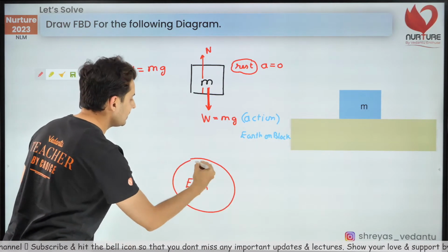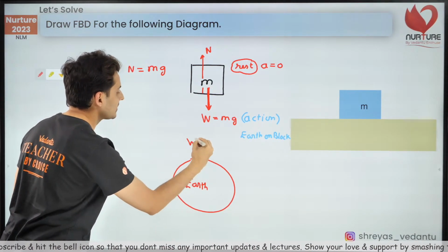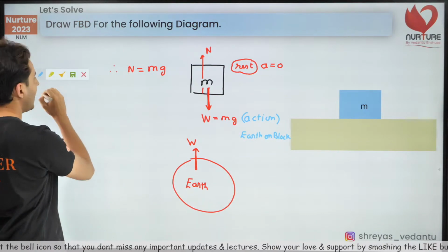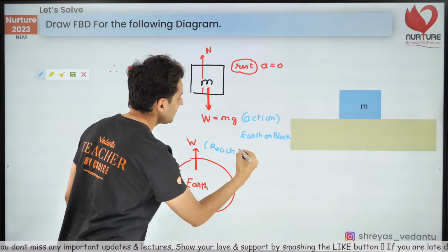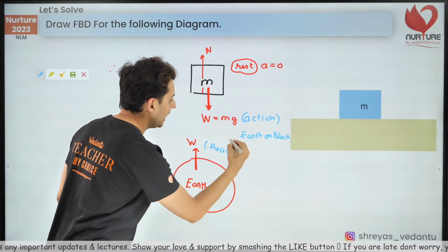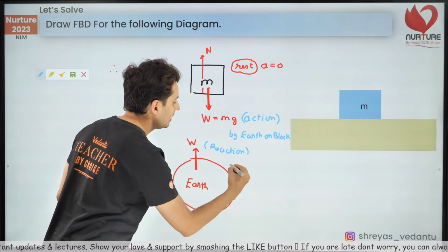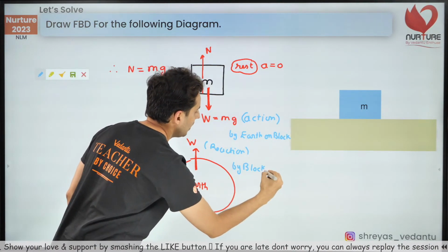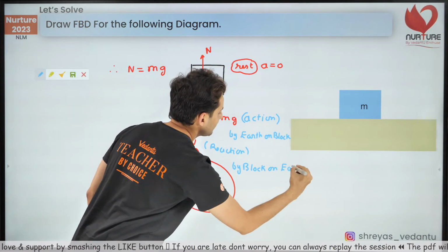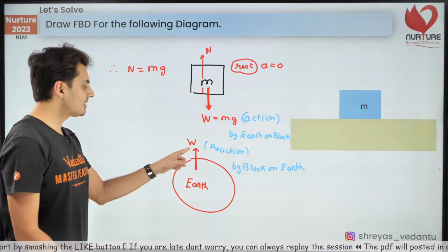Hence, there will be an equal and opposite force like this, and this would be called the reaction, because this was by the earth on the block, this will be by the block on the earth. This is where people make a mistake. So this is the reaction.